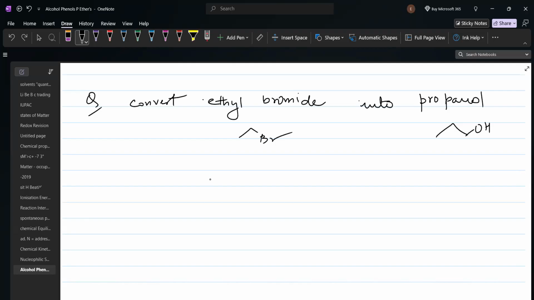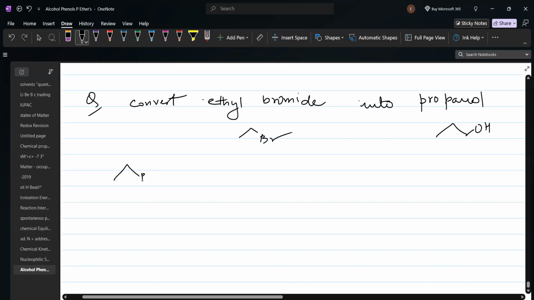So let's try to solve this question. We have this, and we have to convert it into this. First of all, we will make this Br into Grignard reagent.